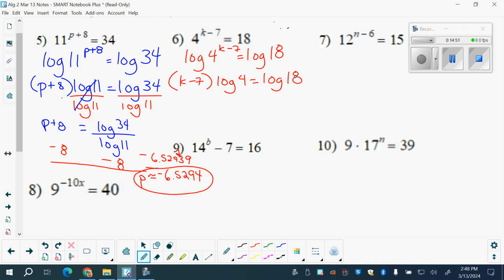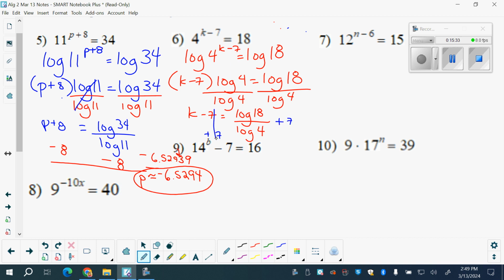And then somebody, what do we do next here? Yes, divide both sides by log 4. So we get k minus 7 is log 18 divided by log 4. And what next? Gotta get k by itself. So what do we do with that minus 7? Add 7 to both sides.